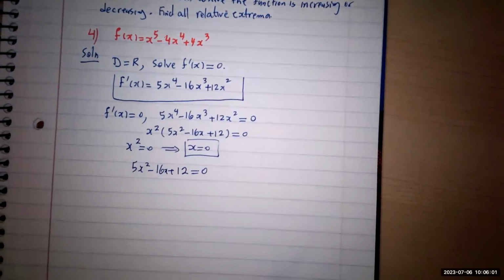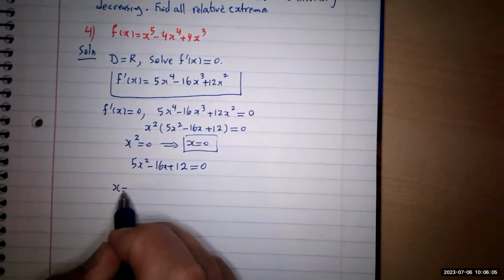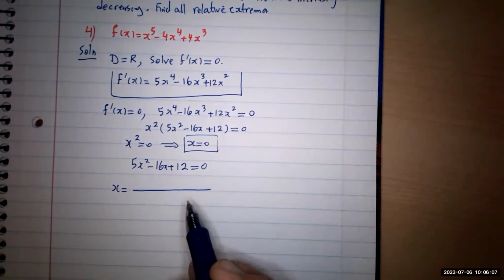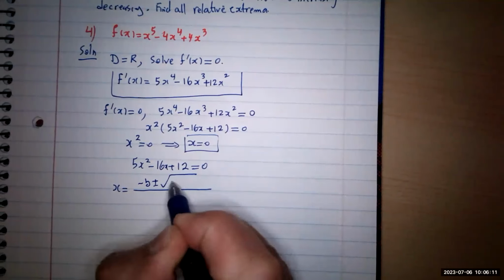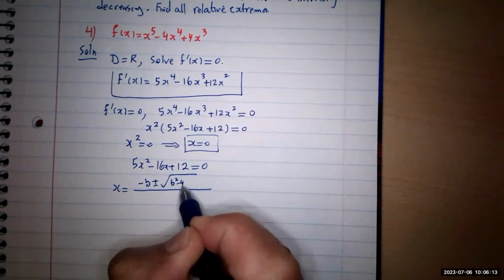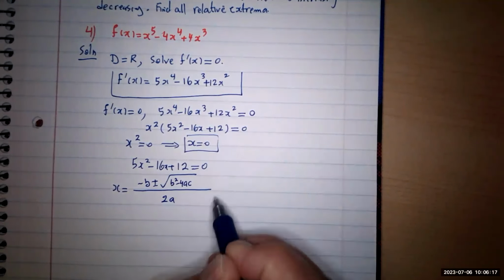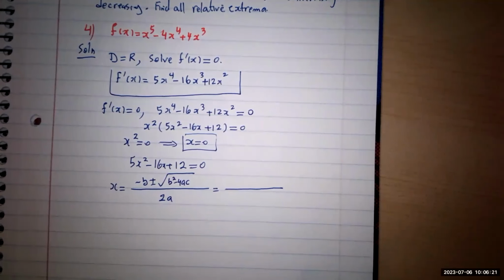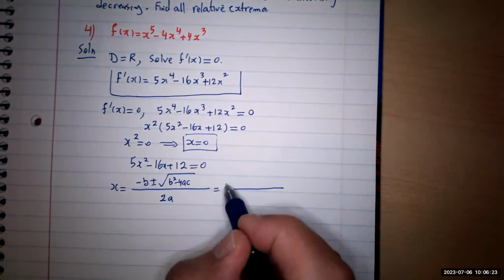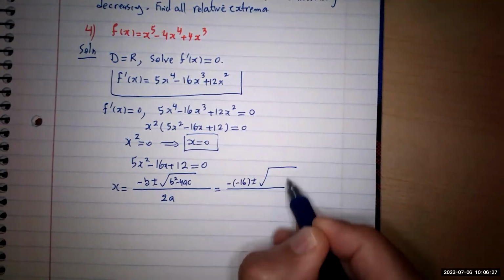You may try factoring, but the safest one may be just using the quadratic formula. So I just remind you, negative b plus or minus the square root of b squared minus 4ac. This would be fine, but I just want to remind you of this method. You may need it for the mean value theorem.